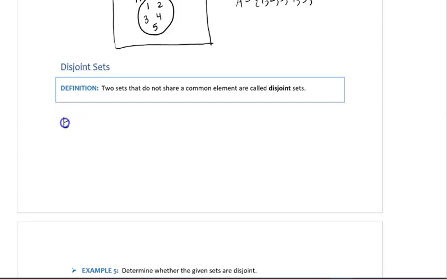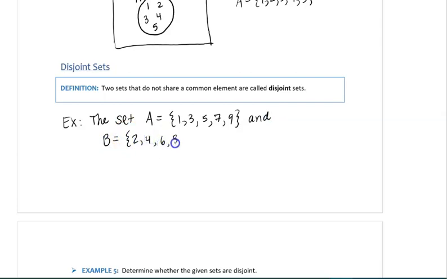For example, the sets A equals {1, 3, 5, 7, 9} and B equals {2, 4, 6, 8, 10} are disjoint because they do not have a common element.